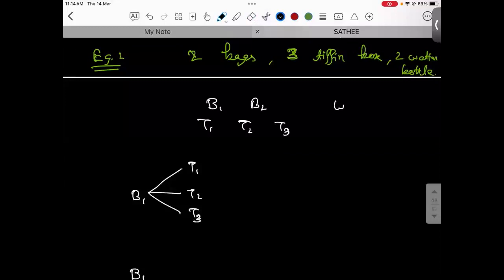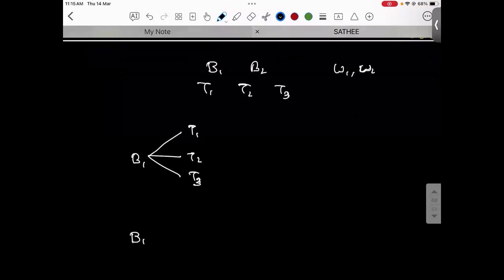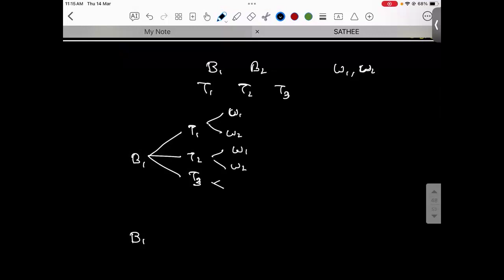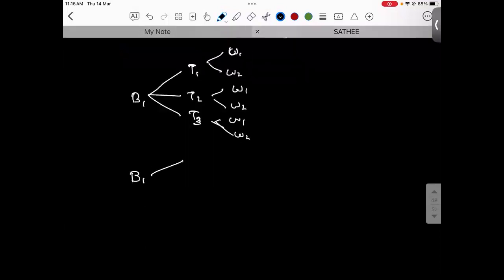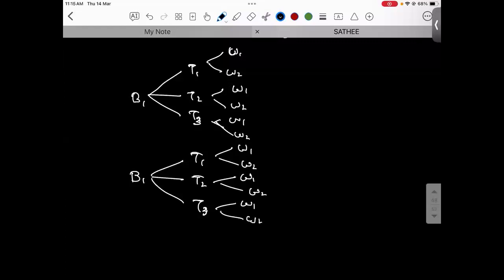Right here, W1, W2, W1, W2. Now for each T1, I have W1, W2. Similarly for T1, T2, T3, W1, W2, W1, W2, W1, W2.